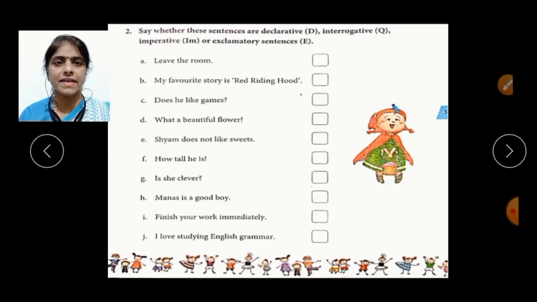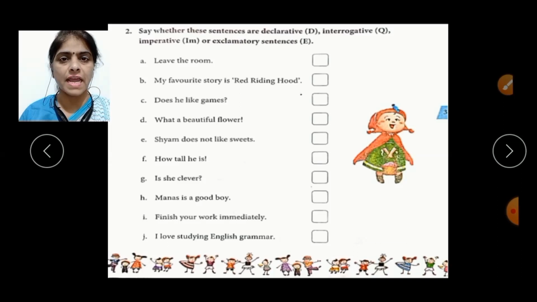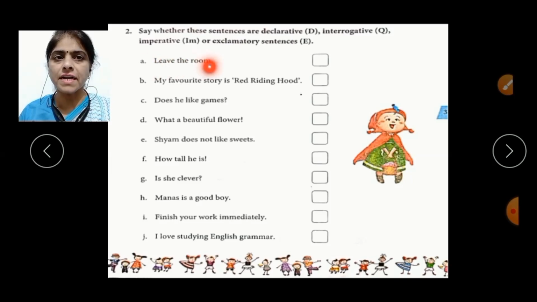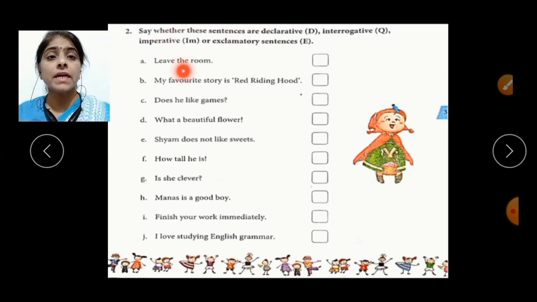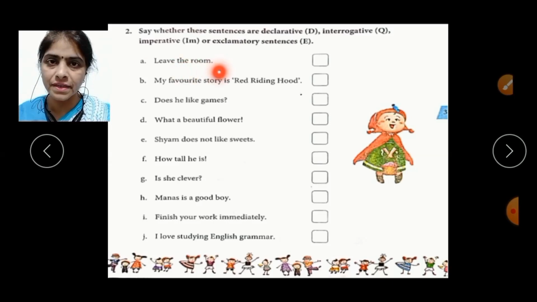The first sentence is, leave the room. Now, we need to identify the kind of sentence. So, how to identify? Let me tell you. Just ask yourself, does this sentence declare something? No. Does this sentence ask something?